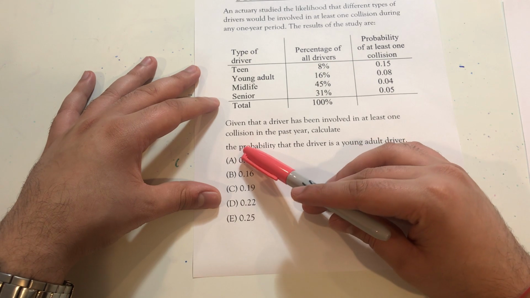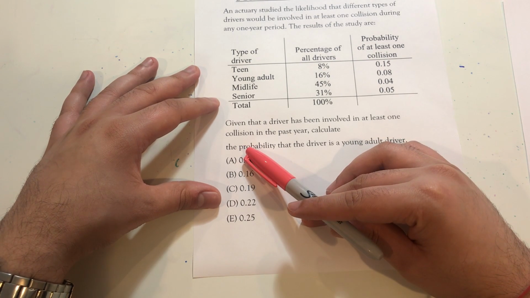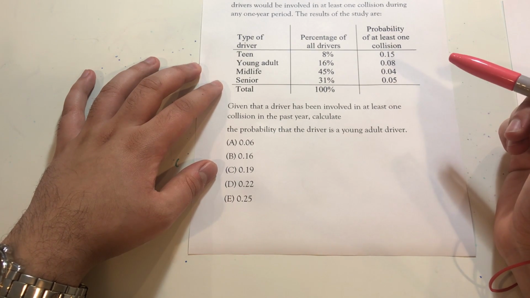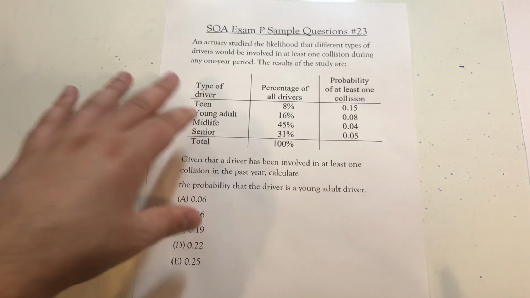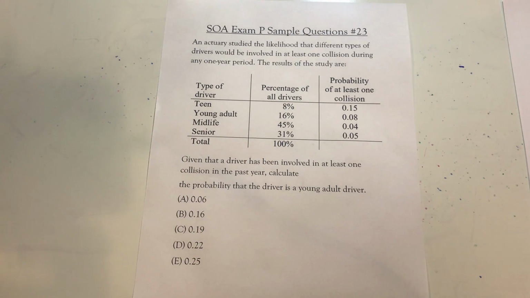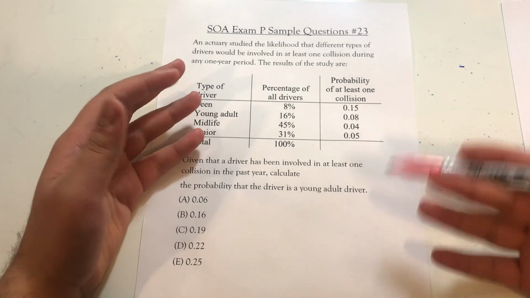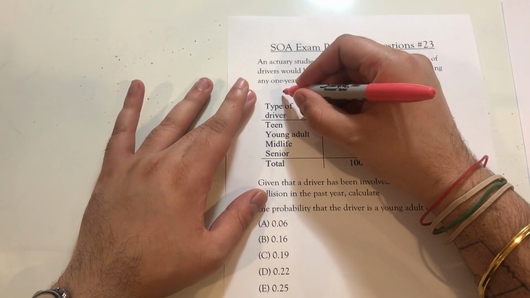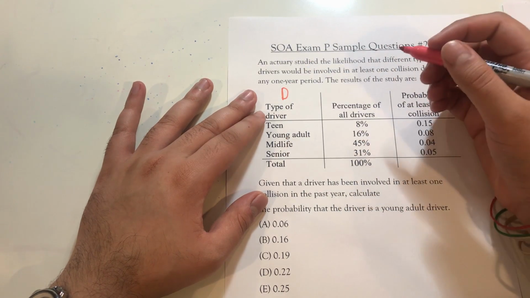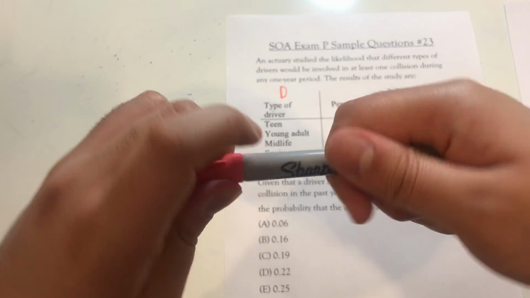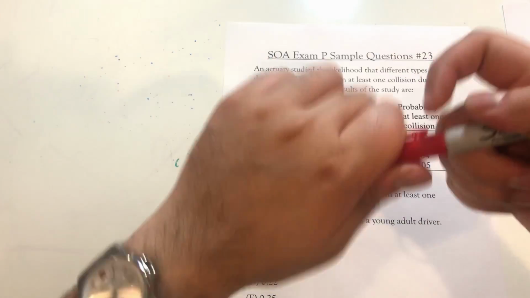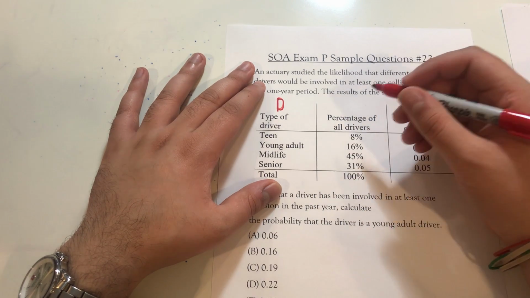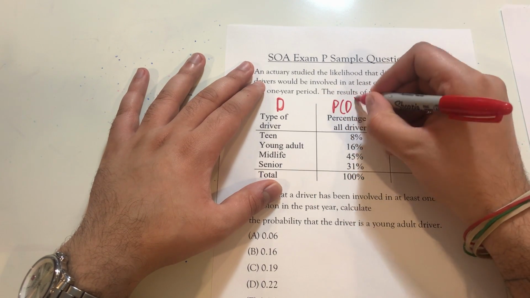So here, given that a driver has been involved in at least one collision in the past year, we need to calculate the probability that the driver is a young adult driver. So this problem is super easy, virtually, it's a Bayes theorem problem, and they give us a chart with kind of what we want. So let's say type of driver is D. The percentage of all drivers, that's the probability of being that type of driver.